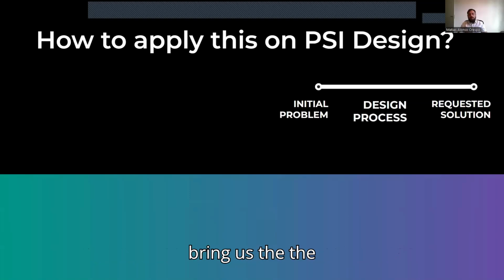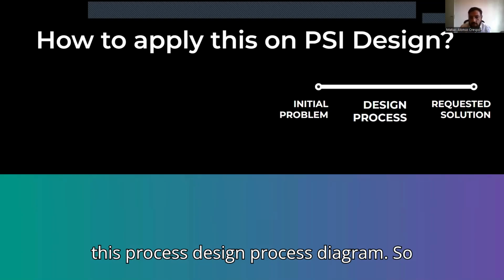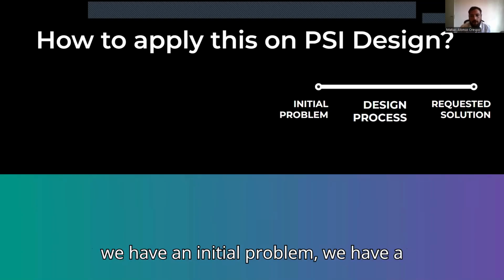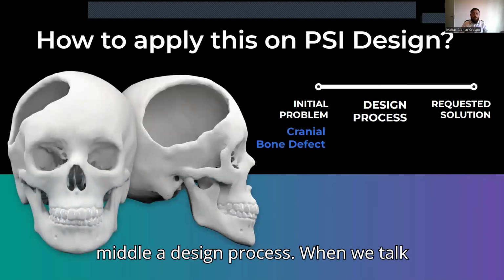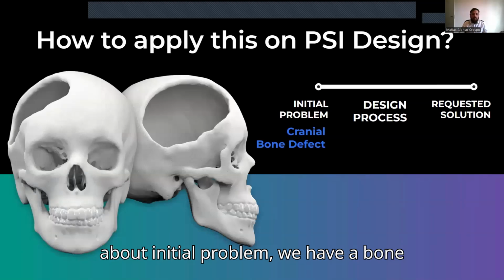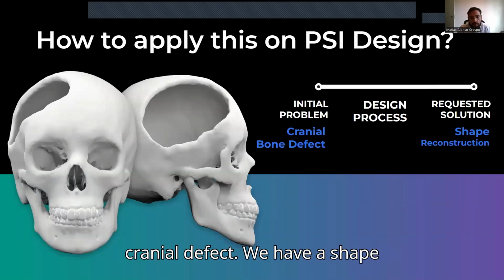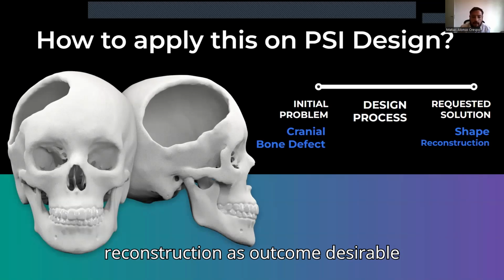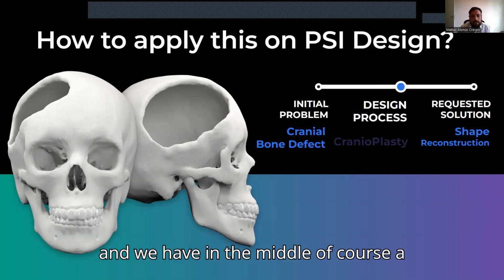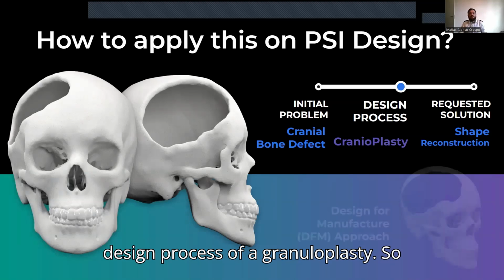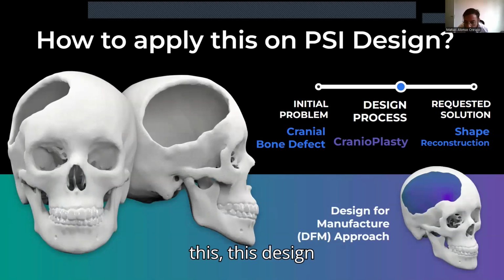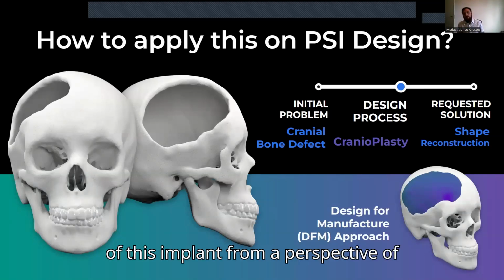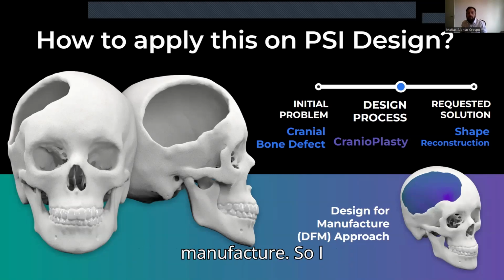So how do we apply these manufacturing concepts in PSI design? We bring this design process diagram. We have an initial problem, we have a desired solution, and in the middle a design process. The initial problem is a bone cranial defect, the desirable outcome is a shape reconstruction, and in the middle, of course, is the design process of a cranioplasty. I will try to approach the design of this implant from the perspective of manufacture.